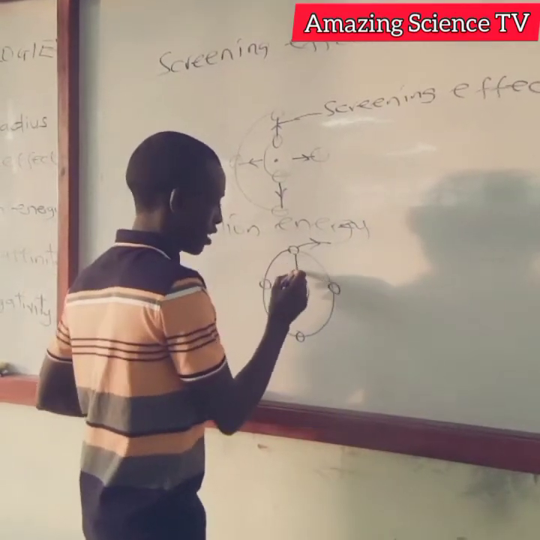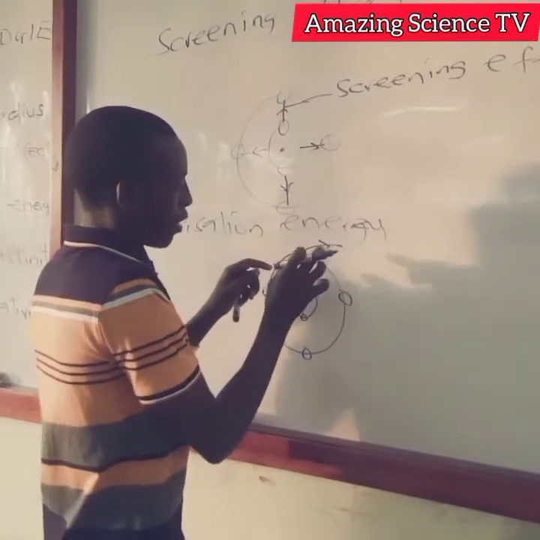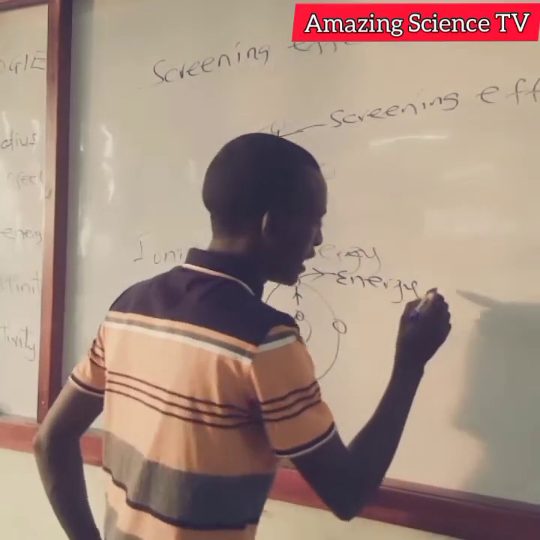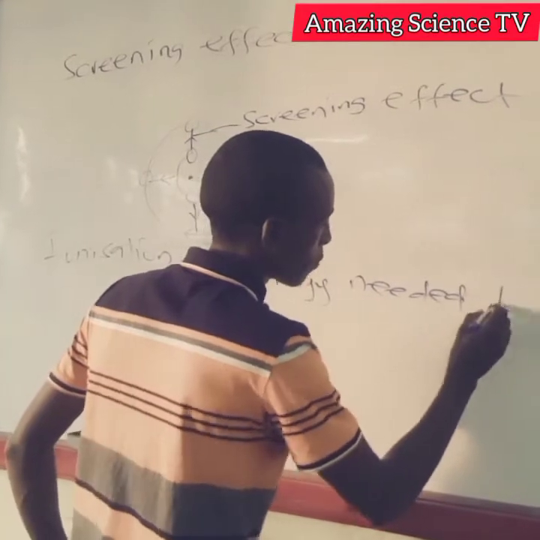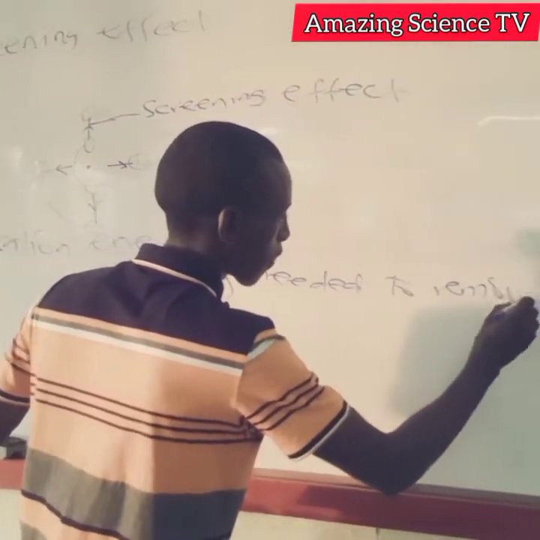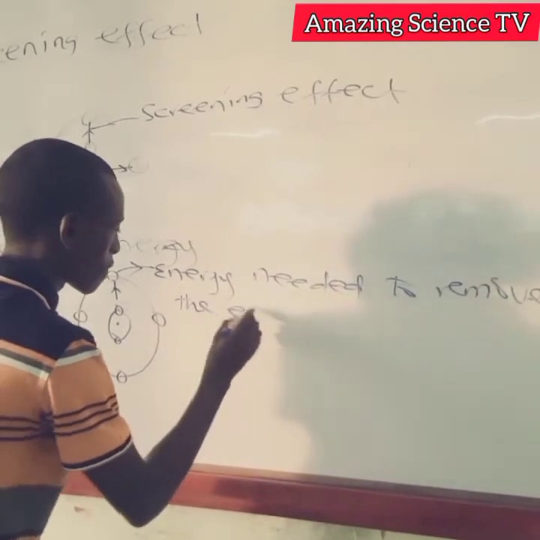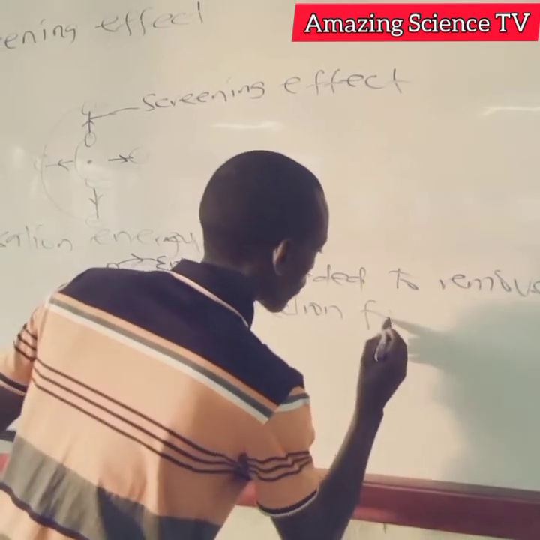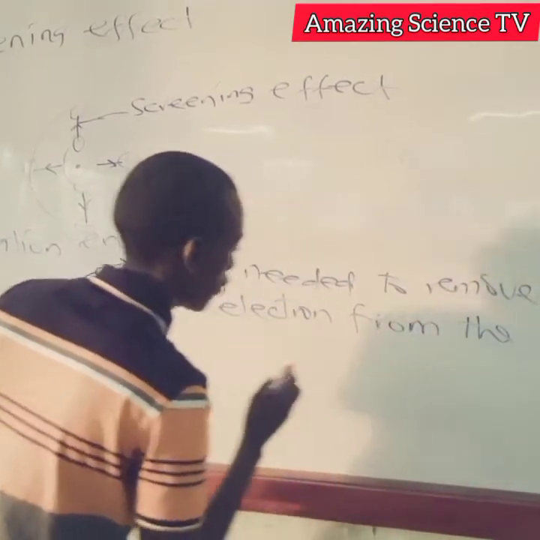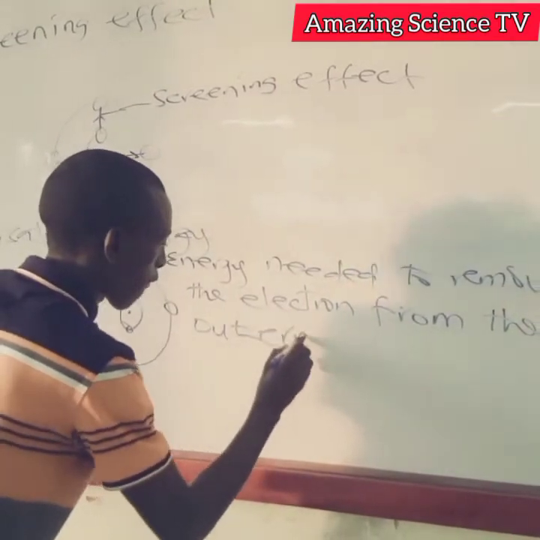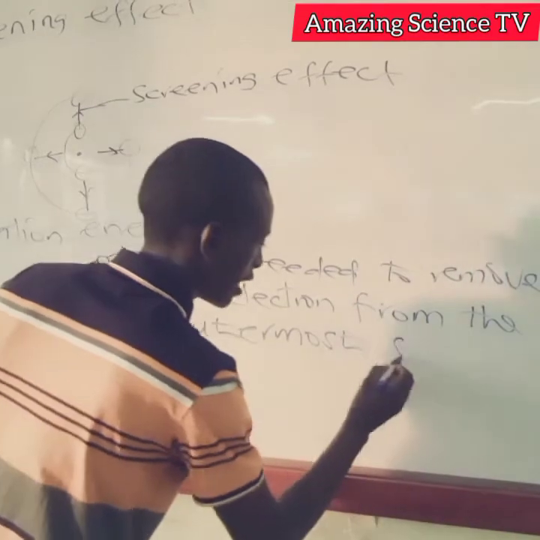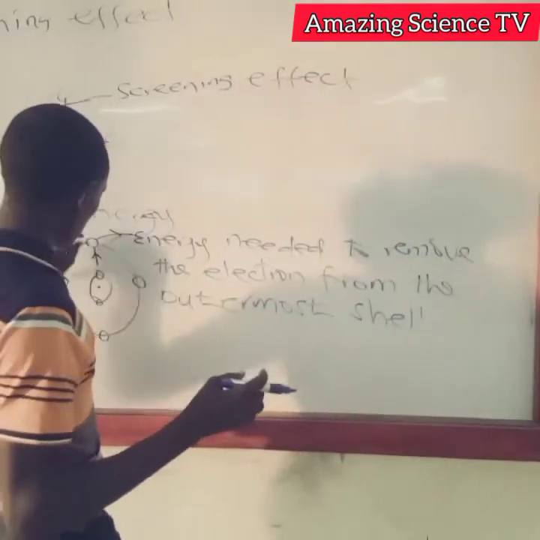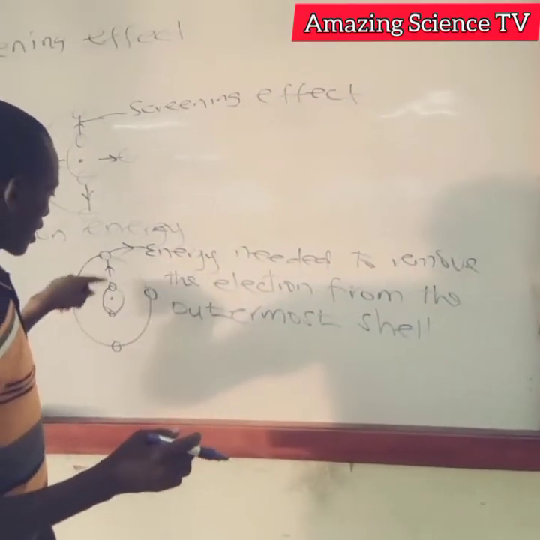Remember, there is a repulsion. Yes? So, the energy needed to remove the electron from the outermost shell of this atom against the attractive force of the nucleus.